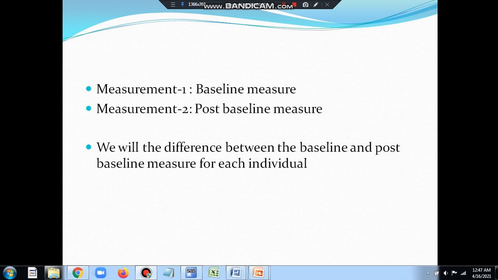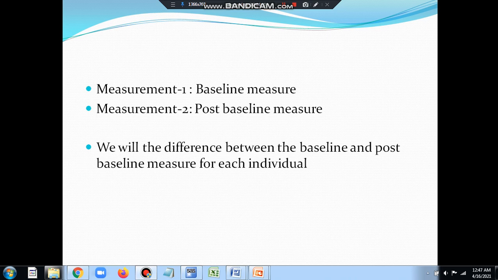Another scenario we can think of is a weight reduction drug, a drug that is known to reduce weight. Let's say we take a group of patients who are overweight. We take their baseline measurement of weight, provide the intervention, which is a new drug, for a period of, let's say, 2 months, and again take the measurement a second time.